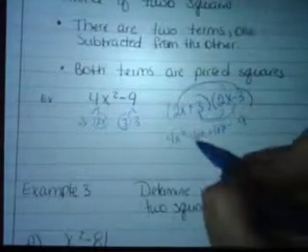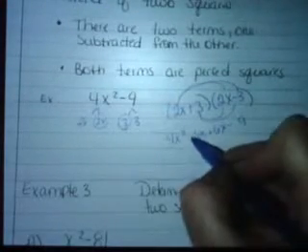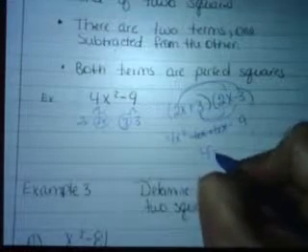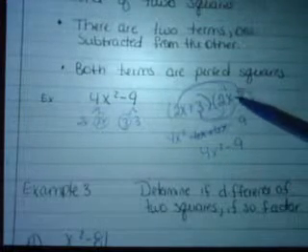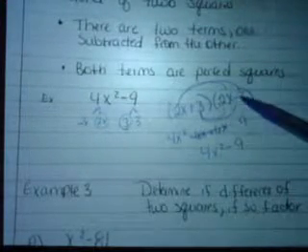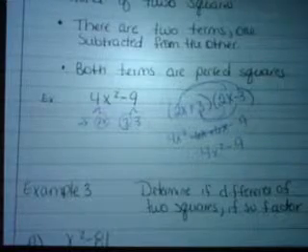So I can see that a negative 6x and a positive 6x cancel out. So that leaves me with 4x squared minus 9. That's why we have to have a positive and a negative, because when we multiply, we're going to get that negative 9.